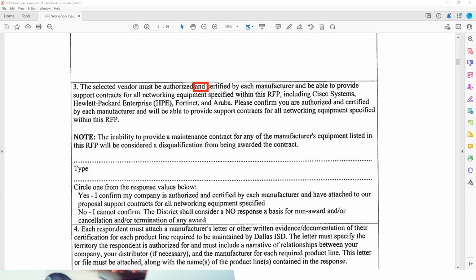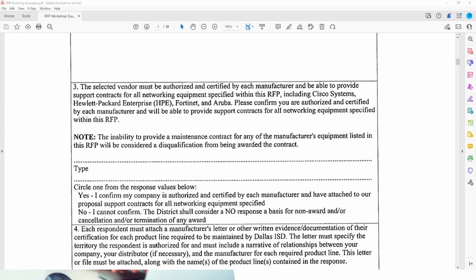It didn't say authorized or certified, which is a huge difference, right? So if I'm saying I'm going to give you $50 and a gift certificate, what are you going to expect? You're going to expect $50 and a gift certificate. Now, if I say I'm going to give you $50 or a gift certificate, there's a huge difference there. So it's these types of key words and terms that you need to be very, very aware of as you're reading through these things, okay?